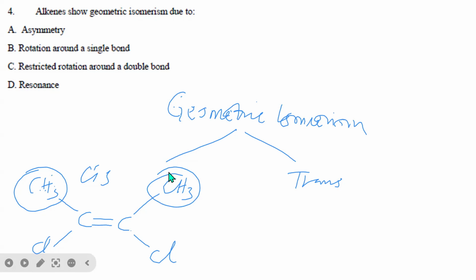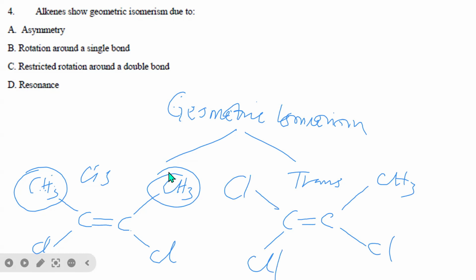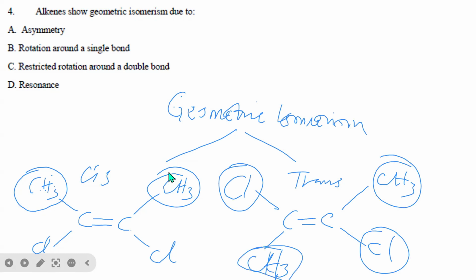But trans geometric isomerism is when you have the restricted double bond, and then you have, let's say, chlorine here and CH3 here, and then CH3 here and chlorine here. So if you look at it, this one is transverse to this, and this one is transverse to this. So that is why it's called trans isomerism.